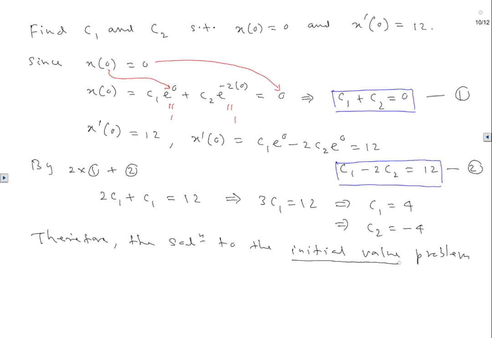Why do we call it initial value? Because the values are given at 0, so you call it initial value. So the solution to the initial value problem is, you can say x(t) equal, we can plug in, 4e to the t minus 4e to the negative 2t. So you can see it's not that difficult, but there are simple things that we need to remember.